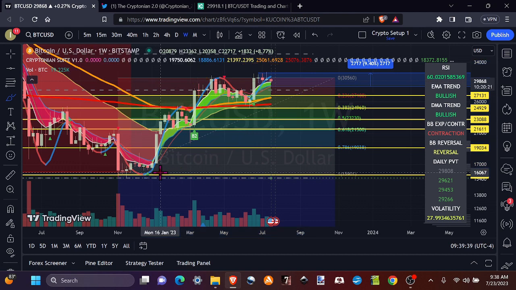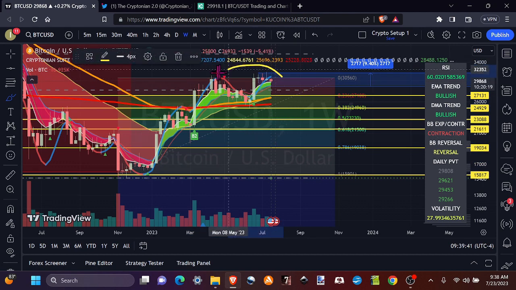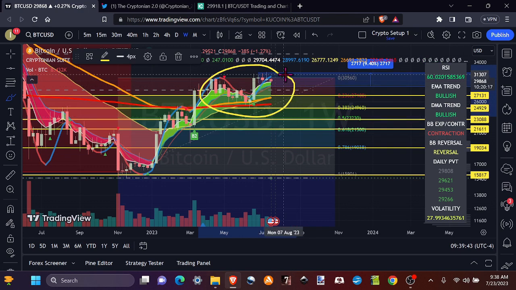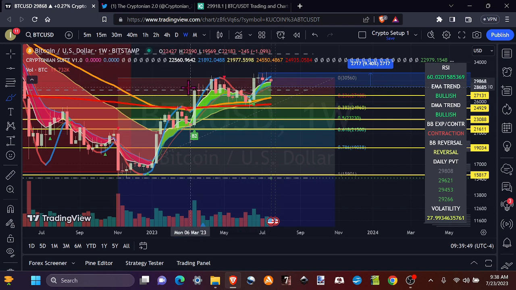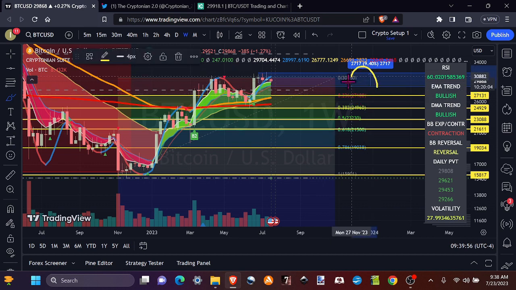It's a decent beginning, but again, this is only considering historical price action and cycles. This is only the beginning. This is nothing. From your entry signal here, you only are up 9.4%, right? Historically, the last cycle gave 500 and some percent.